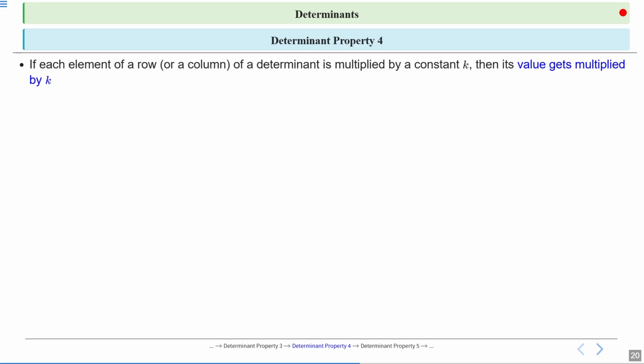Now property number 4 is: if each element of a row or a column of a determinant is multiplied by a constant k, then its value gets multiplied by k.